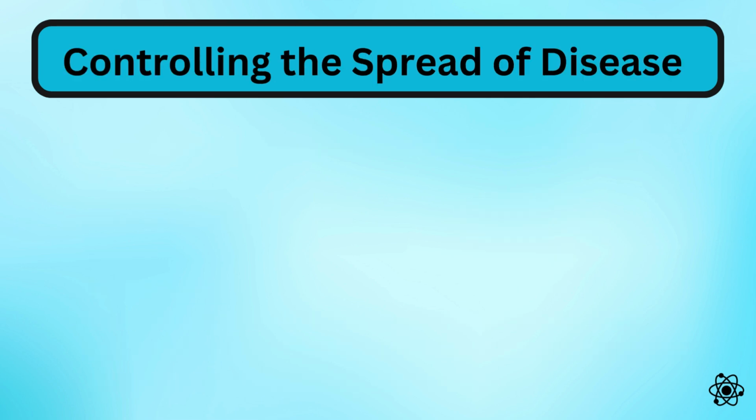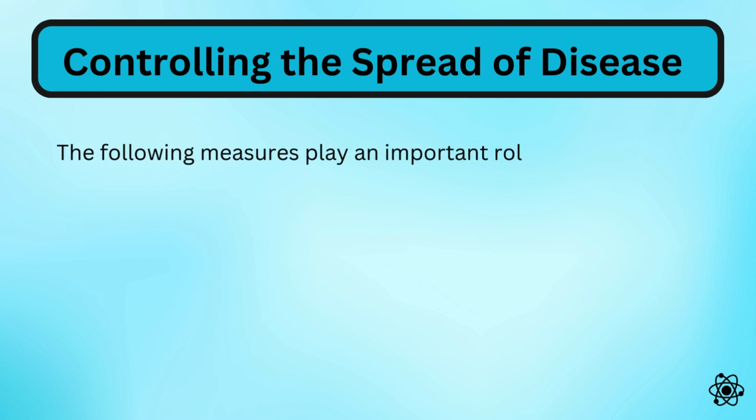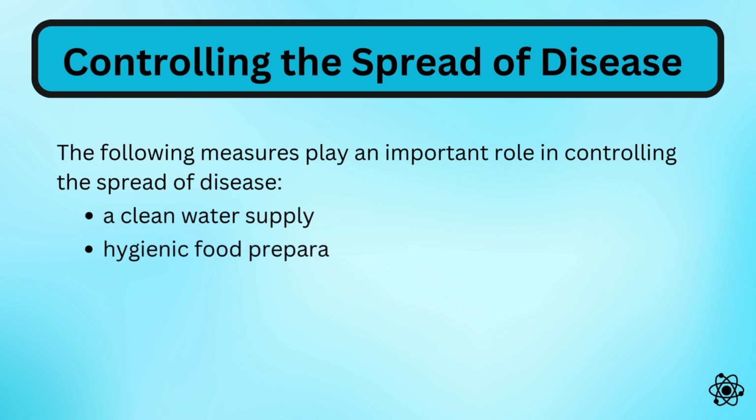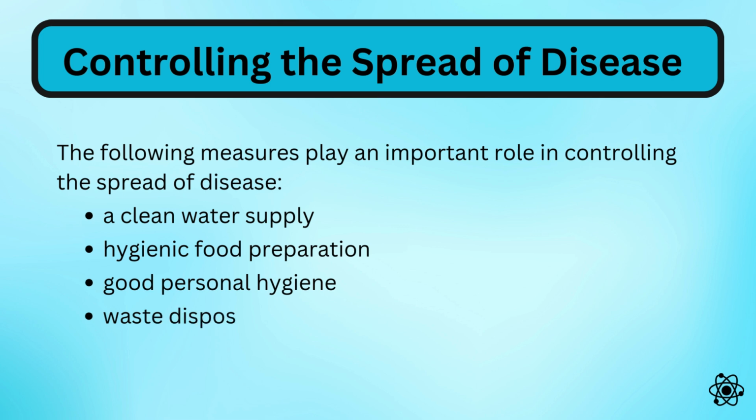The simplest way to prevent disease is to stop pathogens from spreading. The following measures play an important role in controlling the spread of disease: a clean water supply, hygienic food preparation, good personal hygiene, waste disposal, and sewage treatment.